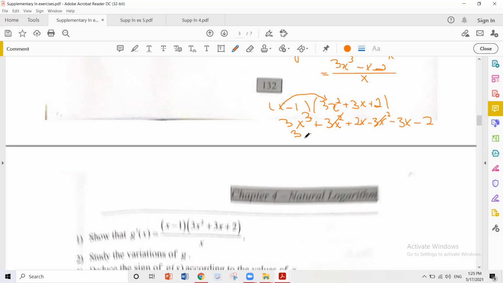We get 3x cubed, 2x minus 3x is minus x, minus 2. So it is done.